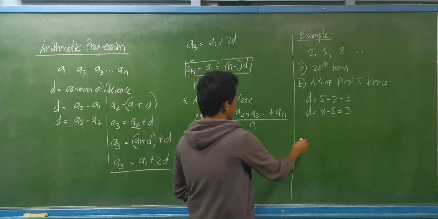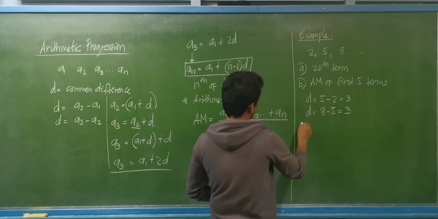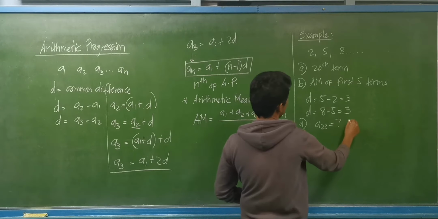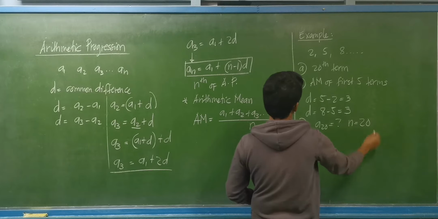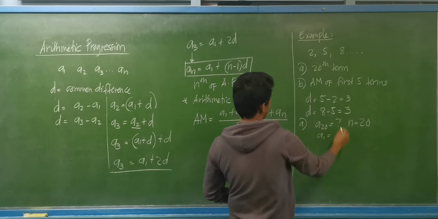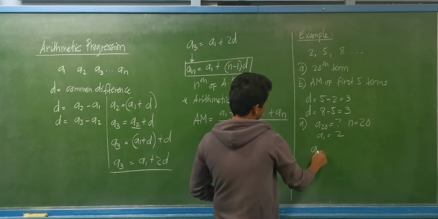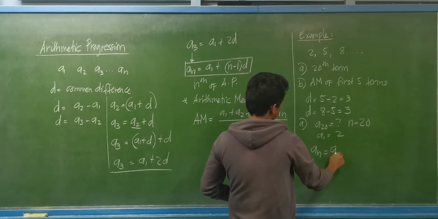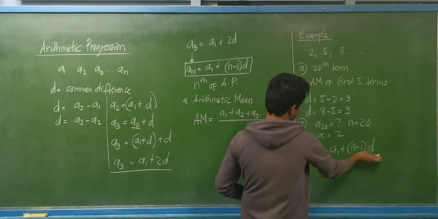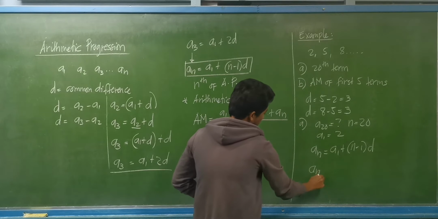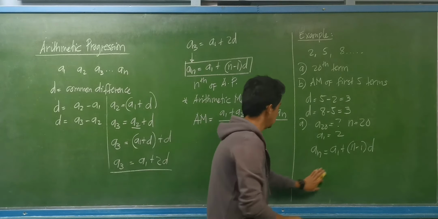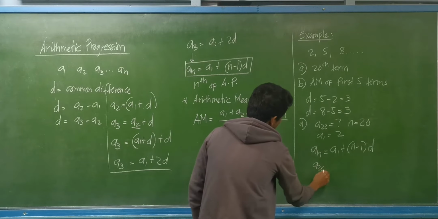For letter A, we are looking for the 20th term, that is at n equal to 20. Our first term is 2. So a sub n is equal to a sub 1 plus n minus 1 times the common difference. Now we have a sub 20.